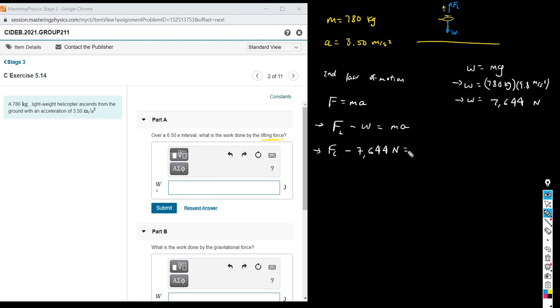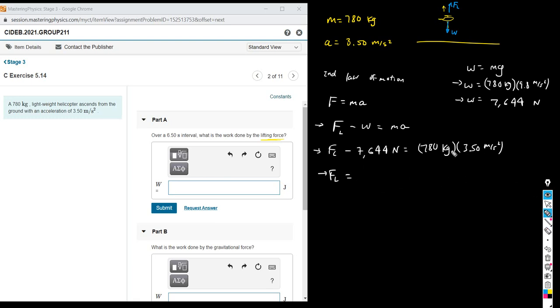So let me input that in here. 7,644 newtons is equal to the mass of the helicopter, one more time, times its acceleration, which I'm told is 3.50 meters per second squared. Let's calculate this value again, and put this value on the other side of the equation.